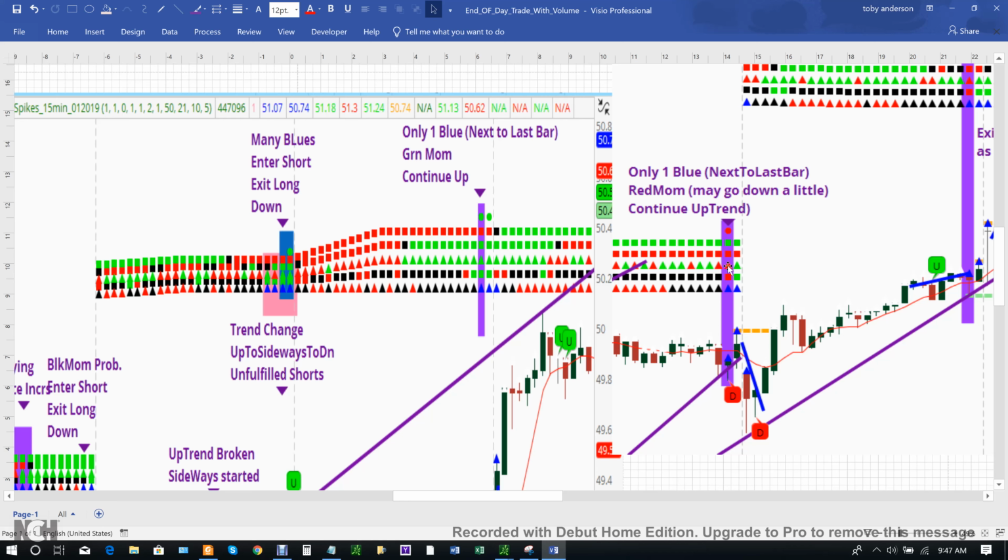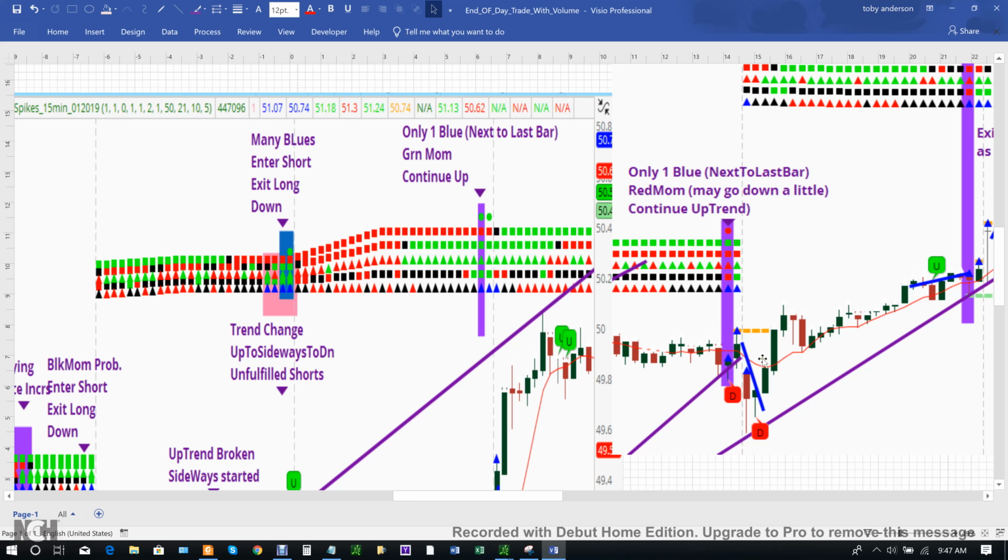So again, this situation where next to the last candle is a blue, and you don't have any blue candles before that, it's just a single blue, that tells you that you're going to want to continue the long-term trend, in this case green. The short-term trend is showing down, right?